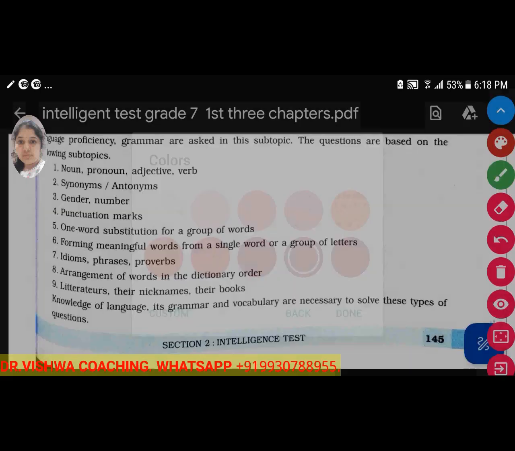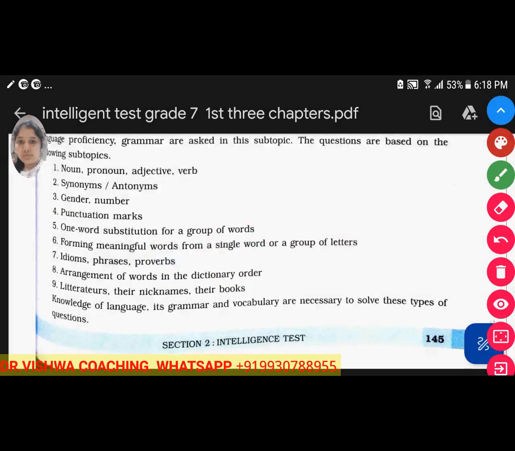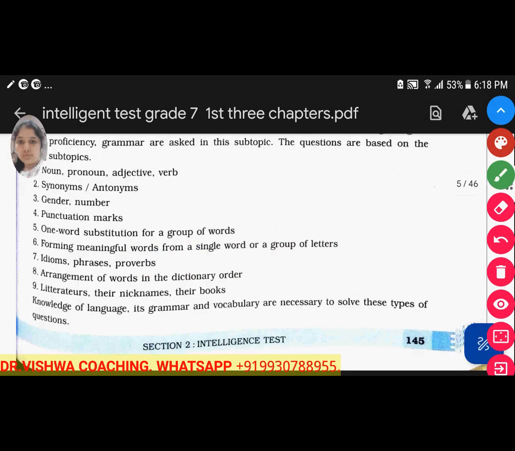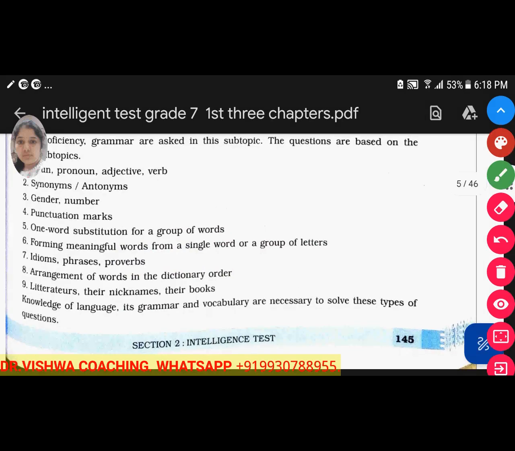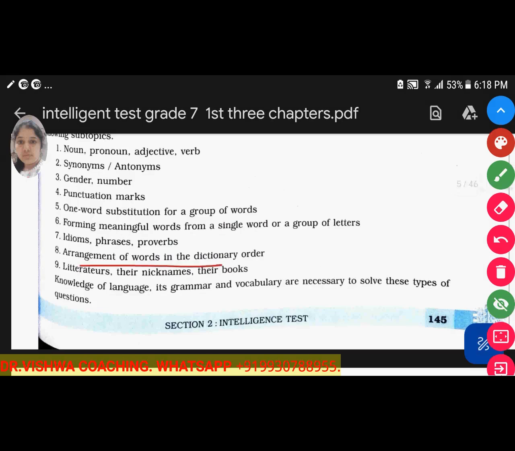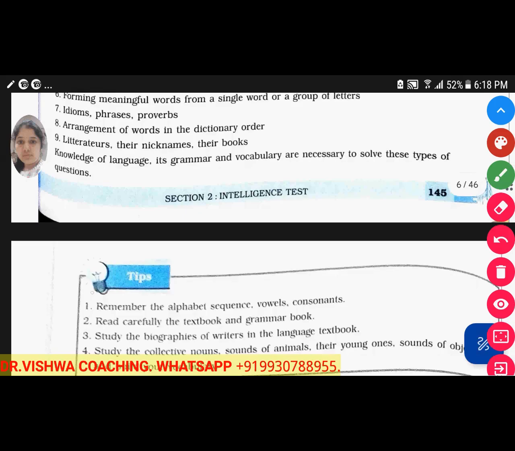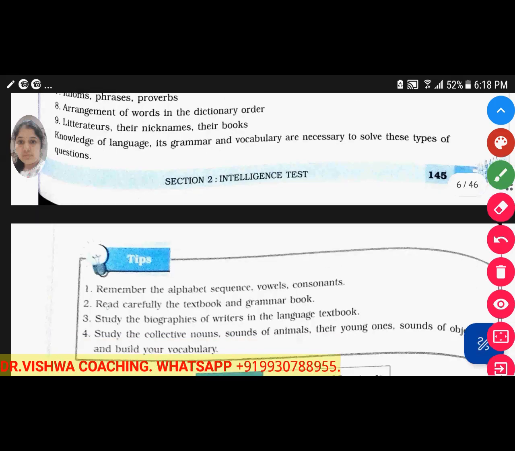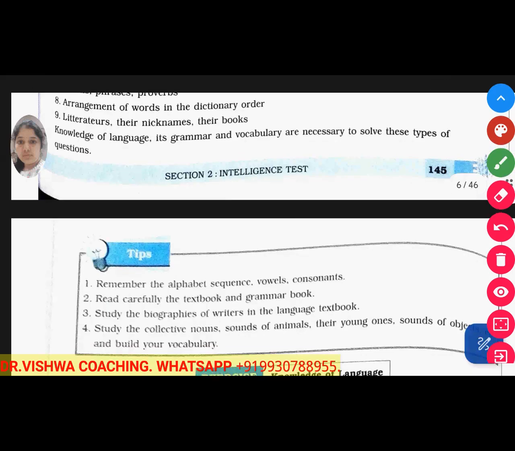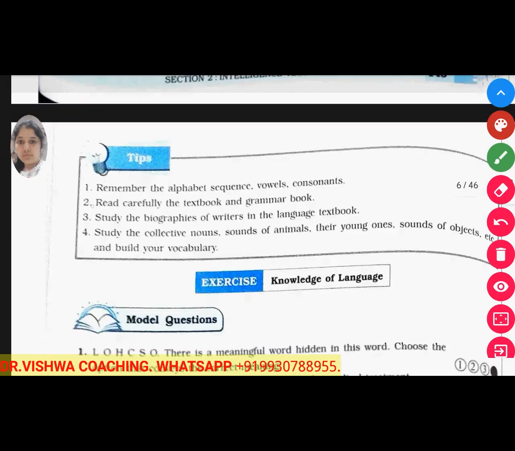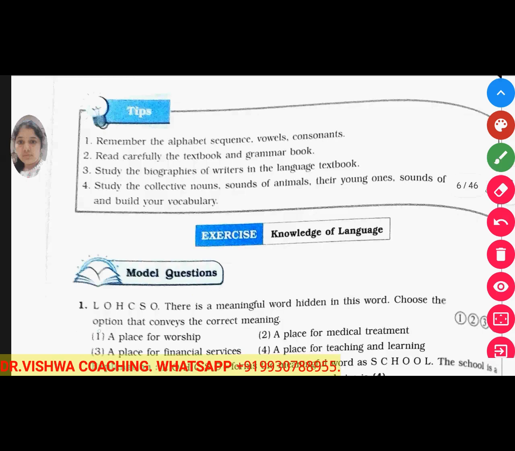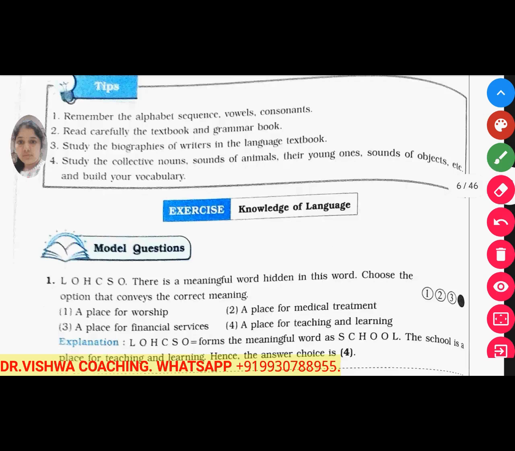Arrangement of the words according to the dictionary means you should know alphabetical order, everything, idioms, phrases, proverbs, all this knowledge you should have before you solve the next exercise. So be prepared with all the things and solve the rest of the problems. We will take the next topic in the next class about the knowledge of language. So here we will take leave.